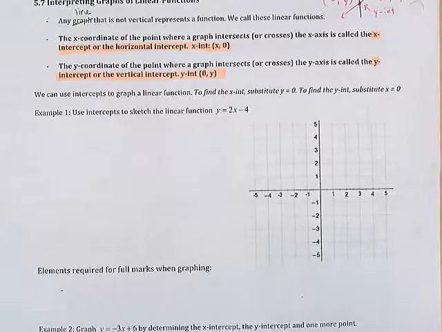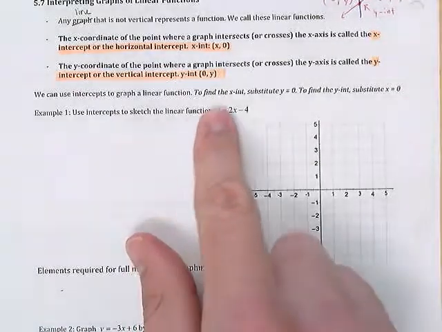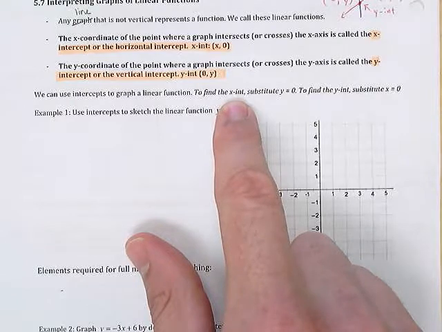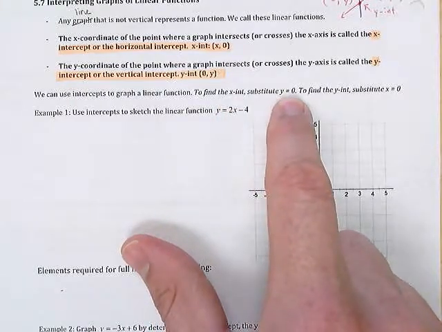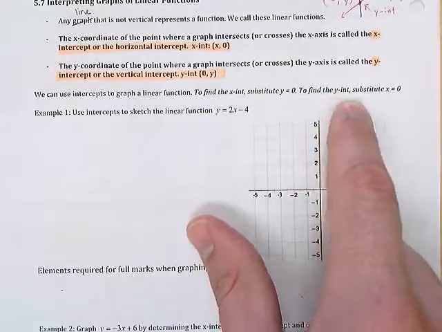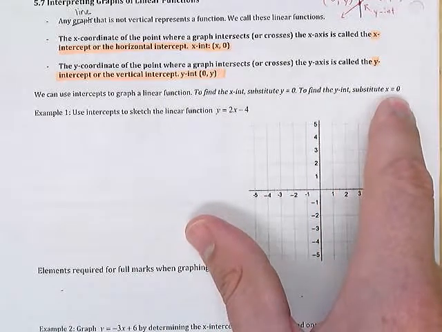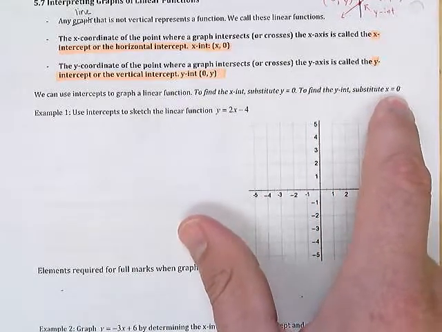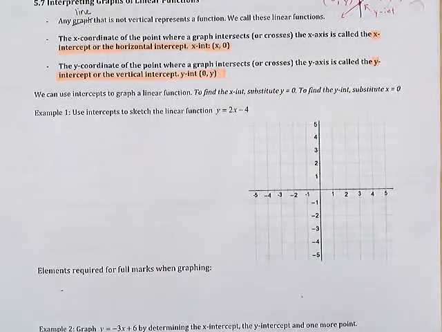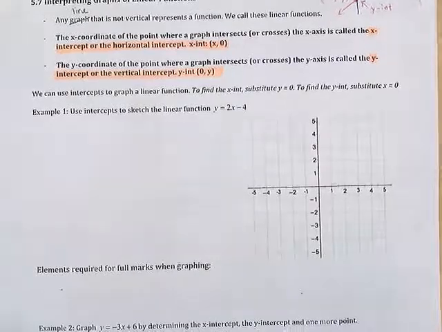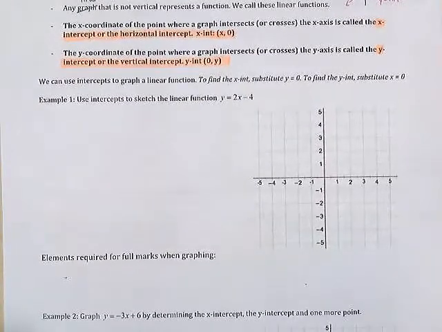We can use the intercepts of a linear function to graph it. To find the x-intercept, we substitute y is equal to 0. To find the y-intercept, we substitute x is equal to 0. So here we're going to find those intercepts mathematically, algebraically, okay? And we use those to graph.